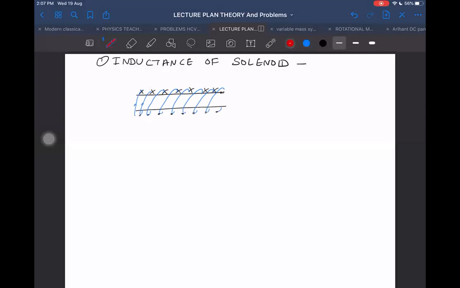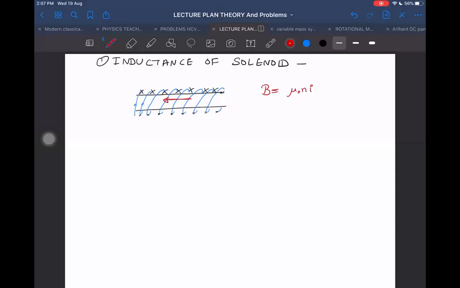If we already know the formula for the magnetic field inside the solenoid, and we can find it quickly by Ampere's law, but I will not do that now. I'll just directly tell you the formula for magnetic field: mu naught N i.